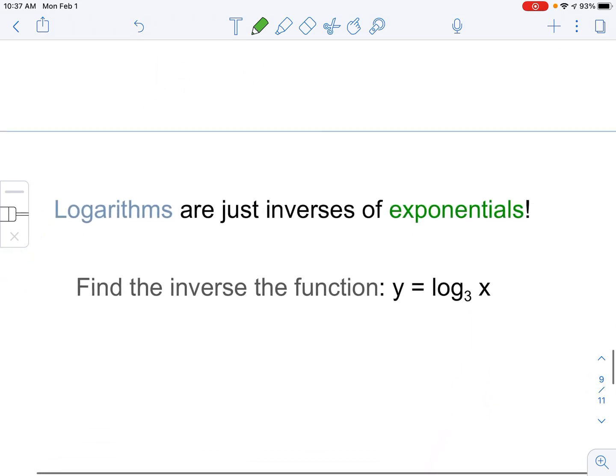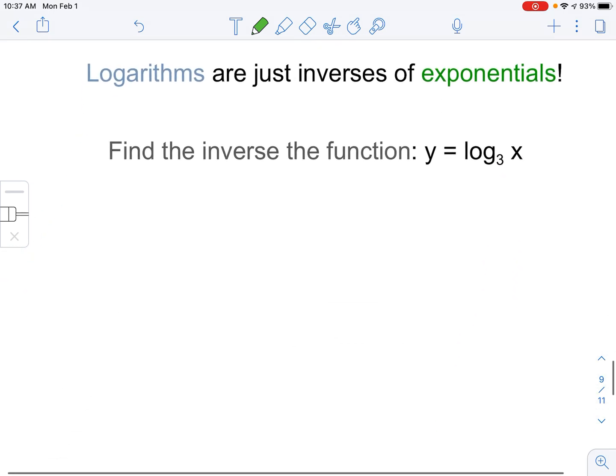Okay. So the last thing we need to talk about is logs and exponentials as inverses of each other. We know that we can rewrite a log as an exponential and rewrite an exponential as a log. So in theory, they are undoing each other, right? Just like subtraction and addition undo each other, and multiplication and division undo each other.